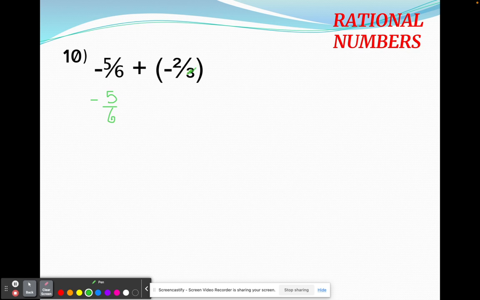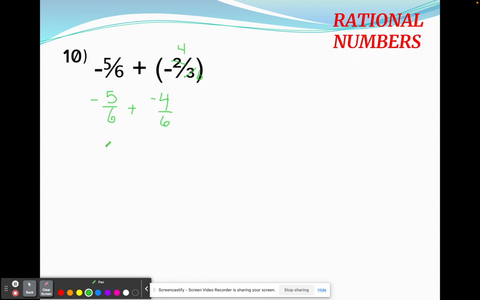So I would multiply the denominator by 2 to get 6. So I'd multiply the numerator by 2 also. So I have negative 5/6 and a negative 4/6. I combine them.